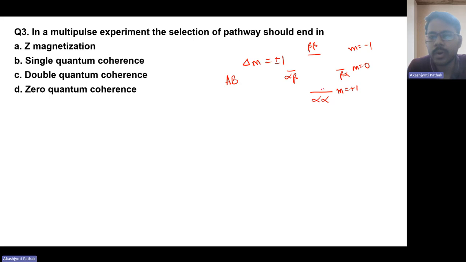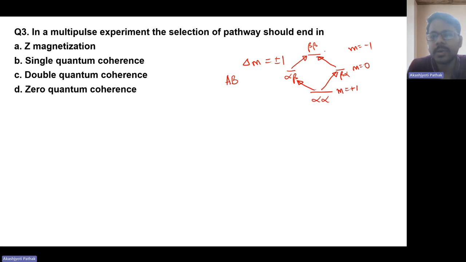So which transitions are possible? Alpha alpha to beta alpha, alpha alpha to alpha beta, then alpha beta to beta beta, and beta alpha to beta beta. These are called the single quantum transitions. Why? Because for each of these cases, the difference in magnetic quantum number is 1.